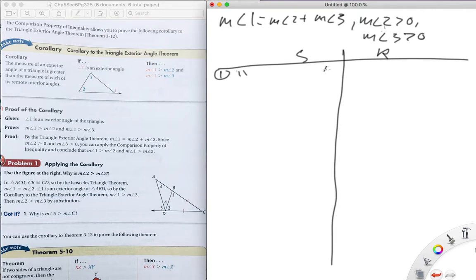I'm going to write all of that down twice. Okie dokie.